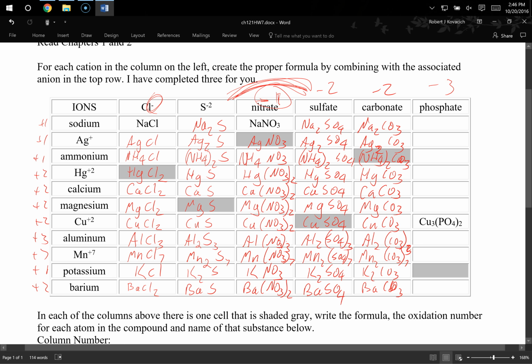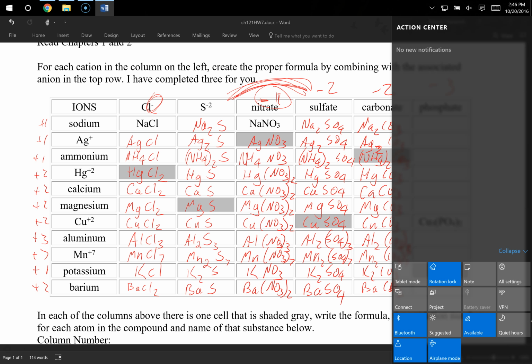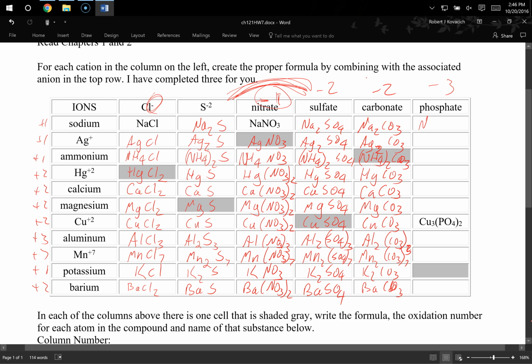And then this last row, the phosphates are 3, so I'm going to need 3 sodiums, PO4, and 3 silvers.